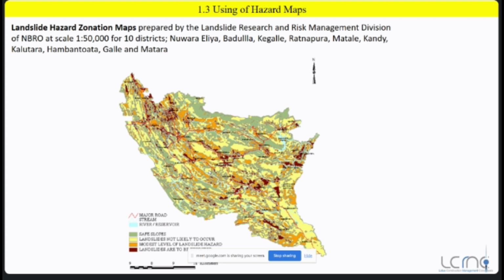So this kind of variety of hazardous areas you can understand. I extracted this map from the NBRO website. You can all go to the website and download these kinds of maps. Under the risk management division in NBRO, they have several hazard maps, especially for these 10 districts, the areas most prone to landslide hazards.